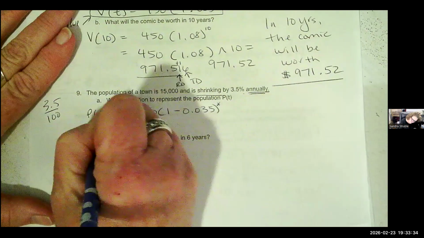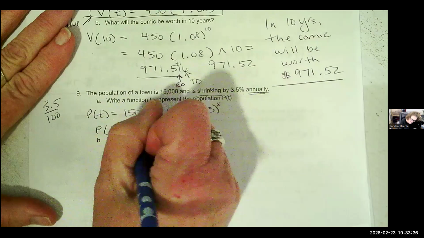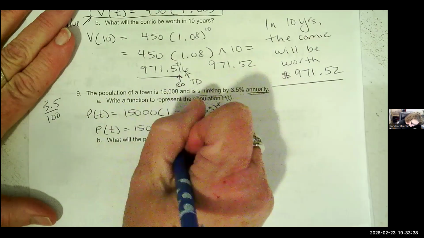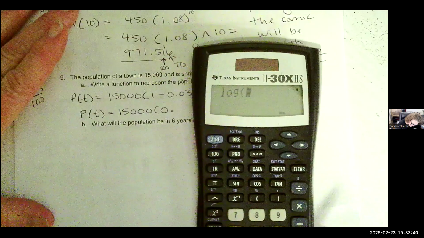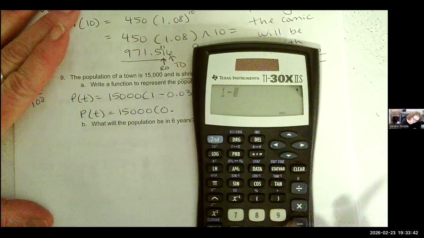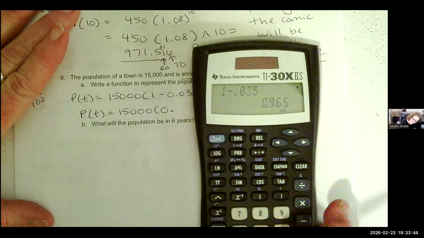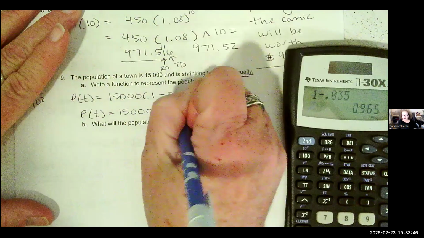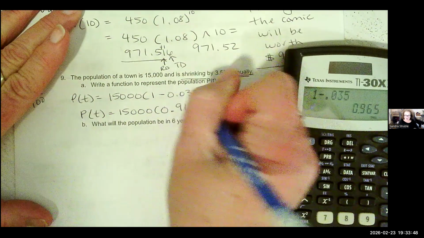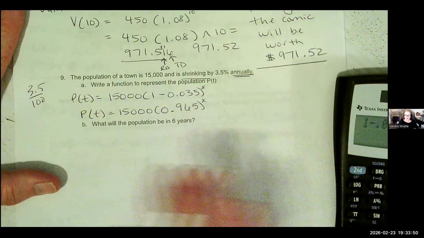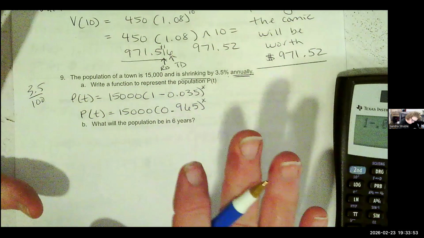Math the math. 1 minus 0.035 is 0.965. You put the whole thing down there. Do not round that at all. It is not to be rounded ever, ever. Okay, this is just creating our function.